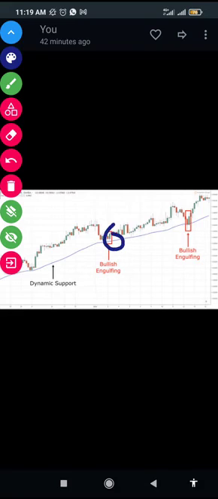We see an engulfing candlestick. So when price comes closer to this line, we look for an engulfing candlestick, a shooting star, morning star, or hammer. Once we see any of those, we can enter a trade. After we have entered this trade, it goes up again and comes down, and another engulfing candlestick occurs here.